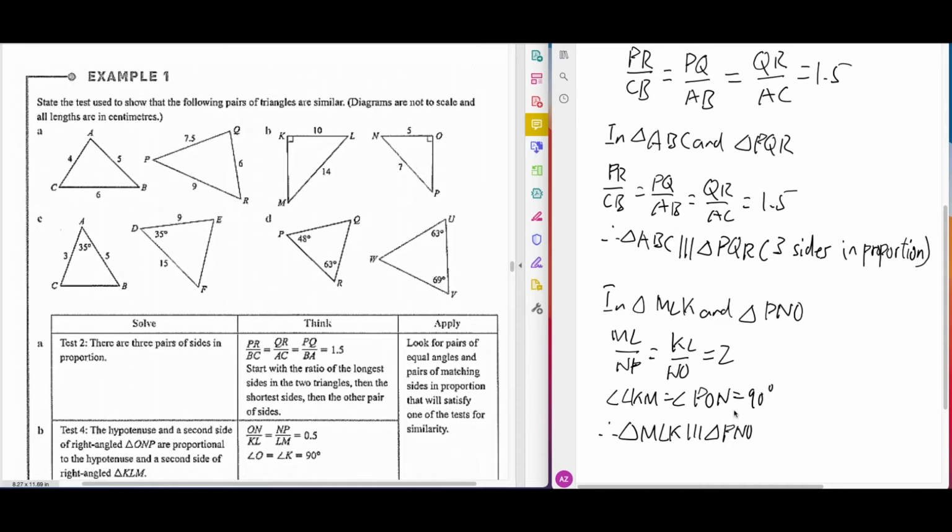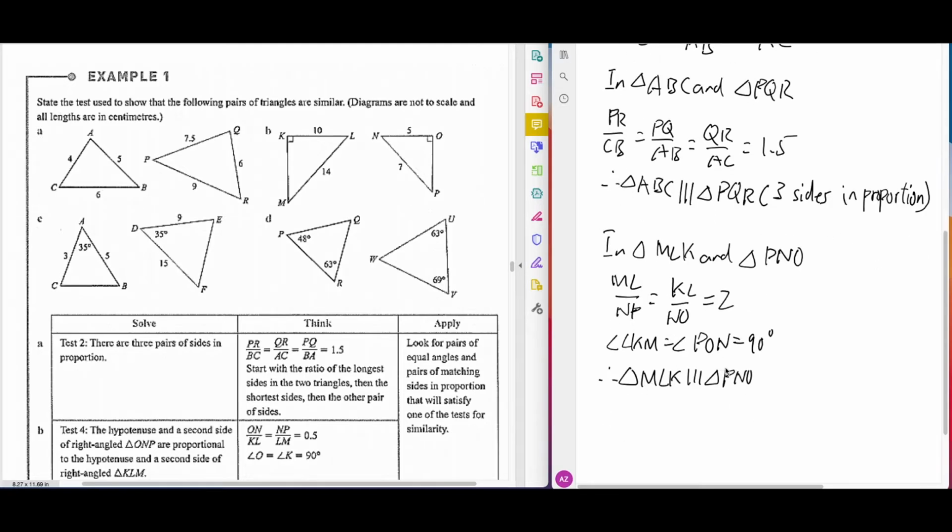The reasoning for this is going to be a bit long, but basically you need to say hypotenuse and side in proportion with right angle. So that's how you can write this.